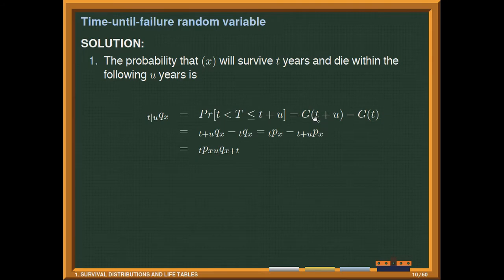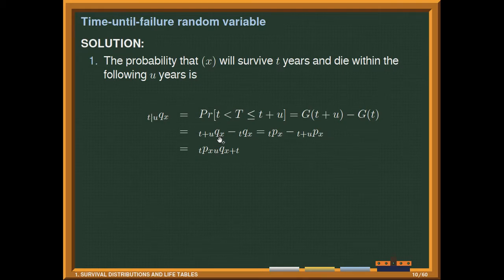Okay? So in terms of the CDF of the random variable T, that would be G of t plus u minus G of t. The CDF of the random variable T in terms of our notation for q is given by the following. So these are the same.